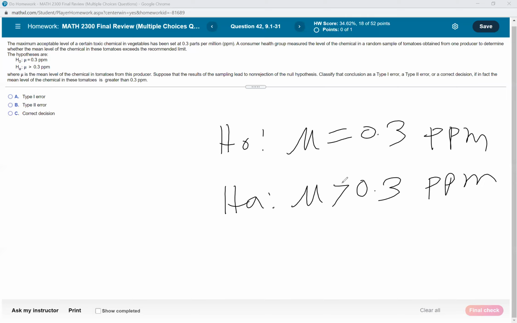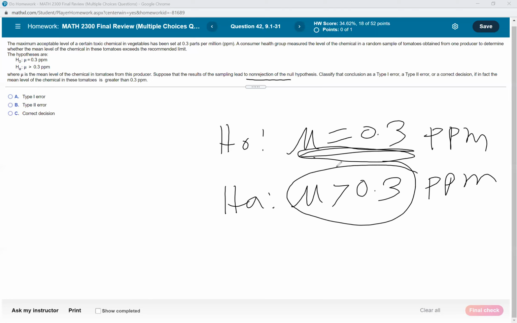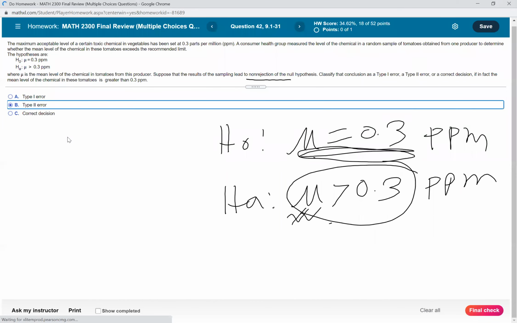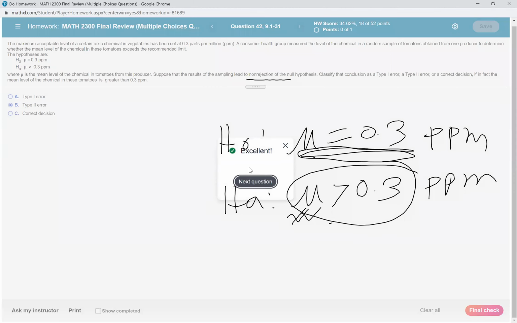Our sample is leading us to non-rejection, which means we fail to conclude that mu is greater than 0.3, even though it is in fact correct. So that's when we made our type 2 error. We fail to reject the null when the null is false.